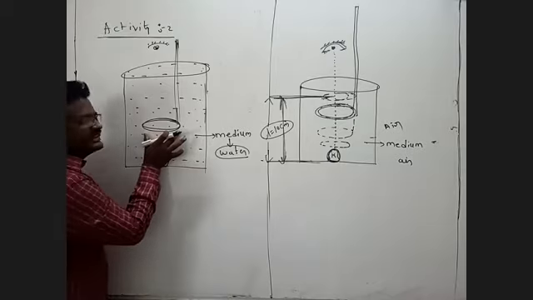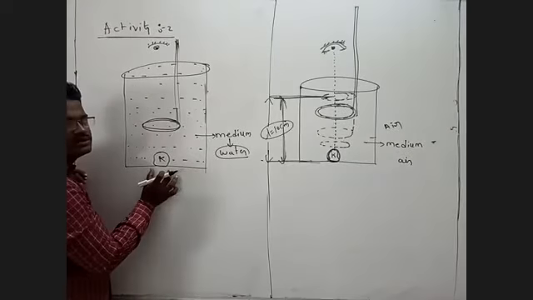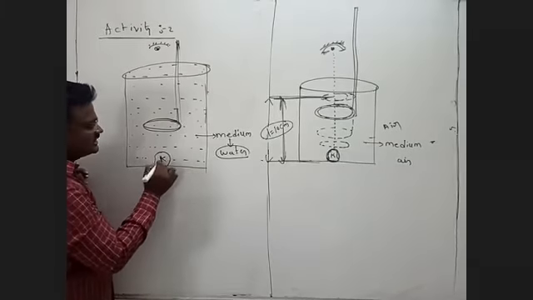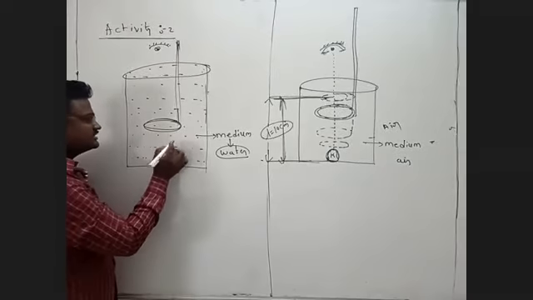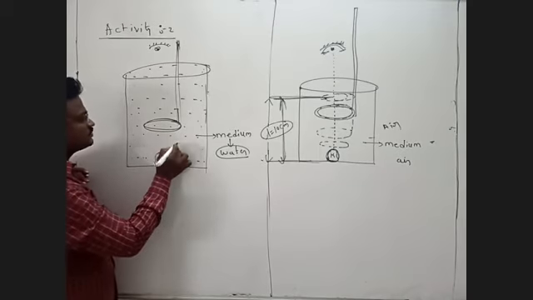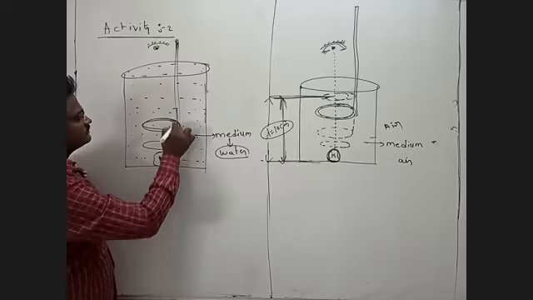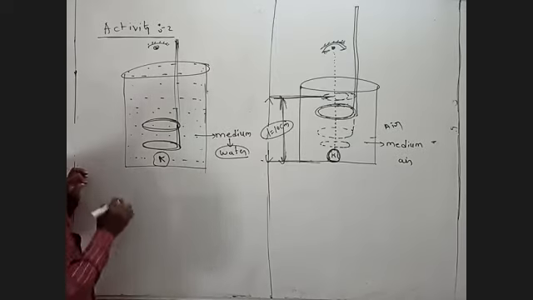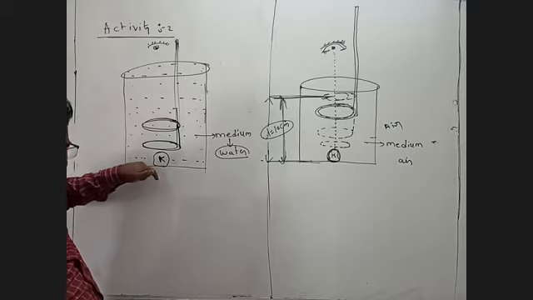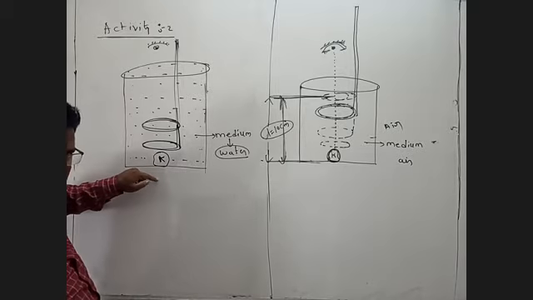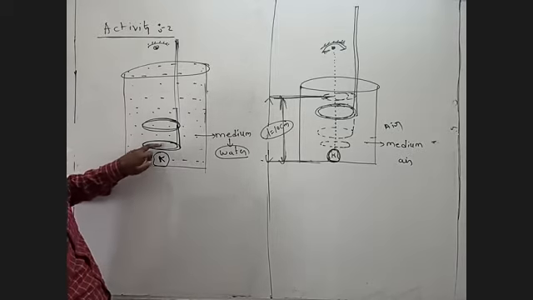This is a convex lens. This is a stone, the stone having the letter K. This convex lens is placed here. I'm seeing the letter K very clear at this place.